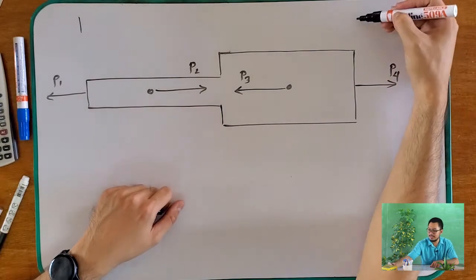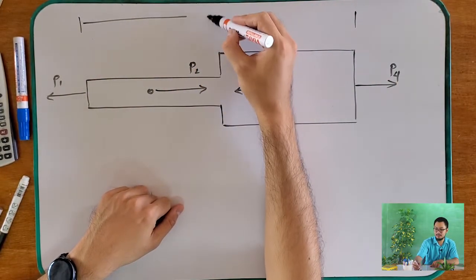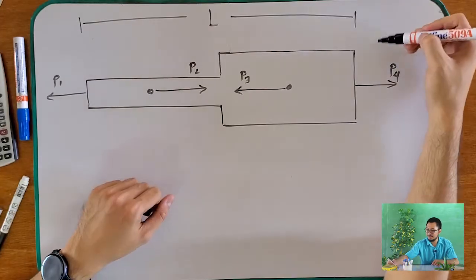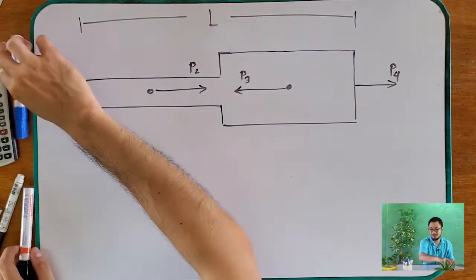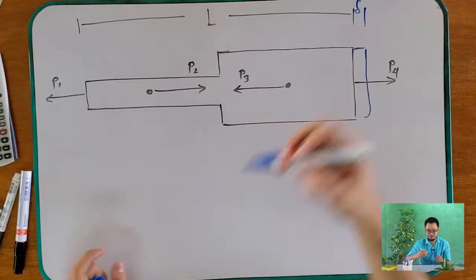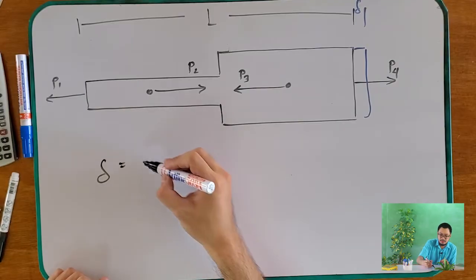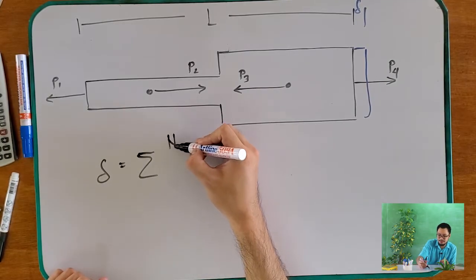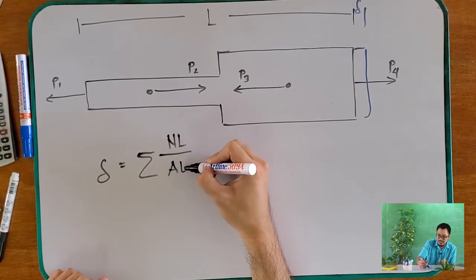Let's try to evaluate this and see what the deformation of our beam is. So we take its whole length and see how it deforms, and whether it deforms and what our delta is. Okay? What do we do in this case? Here we apply the deformation equal to the summation of NL over AE.